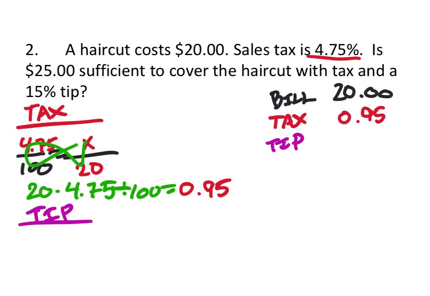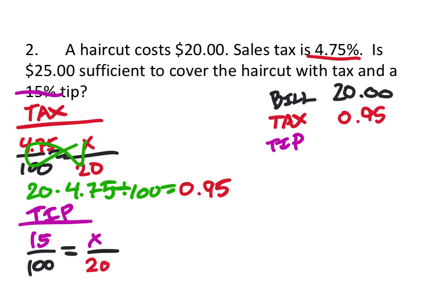So the tip on this one, again, we're going to use a percent proportion. We always have our 100 right there. This is a 15% tip, so it's 15 over 100. The percent always goes above 100. And the total amount of the bill would have been 20 bucks. But we're trying to figure out a percentage of that, so we'll look at our unknown X, which corresponds to the 15.